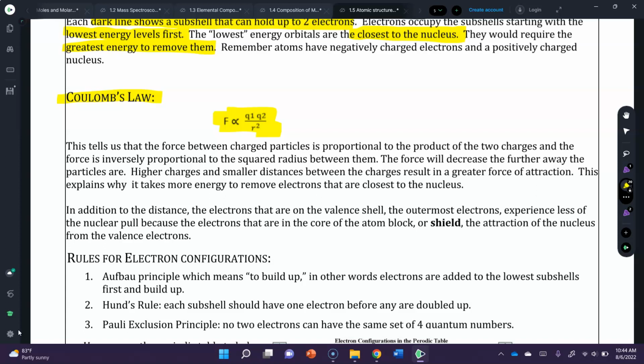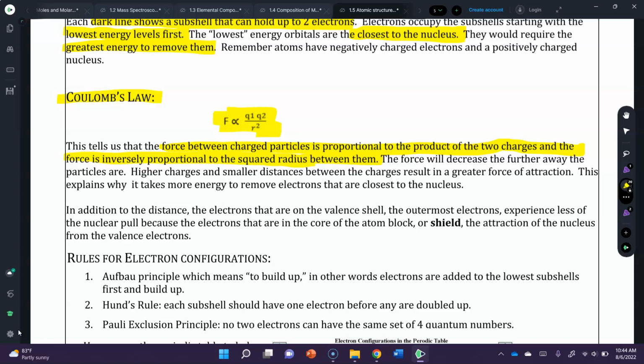So this tells us that the force between charged particles is proportional to the product of the charges, and inversely proportional to the squared radius between them. So it's directly related to the charge values. So bigger charge numbers, bigger force, and inversely proportional to the radius or the distance.